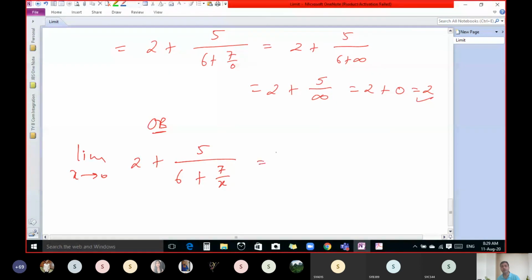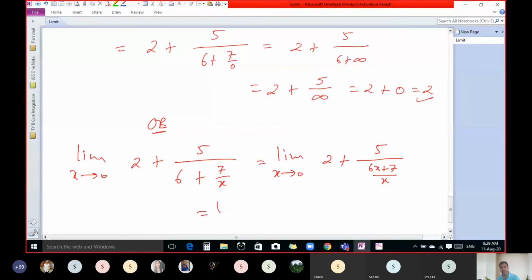Instead of putting the value directly, simplify first. If we take x as LCM here, we get 6x plus 7 upon x, and we take this x in the numerator.